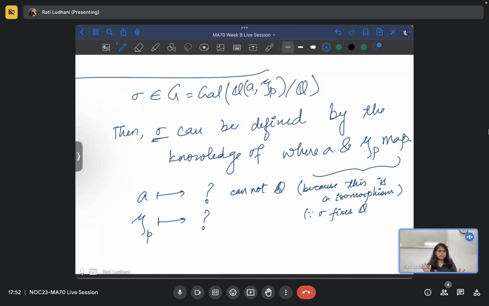So a should not map to any element of Q.